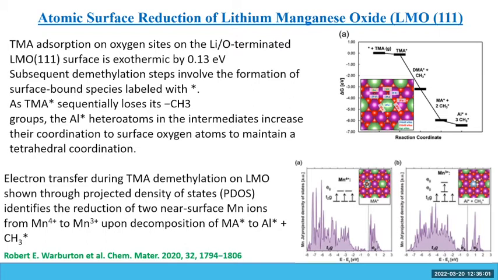In this case, they calculated the manganese, exactly like we showed with the XPS, that there is a reduction of the transition metal close to the surface by the presence of trimethyl aluminum or diethyl zinc.